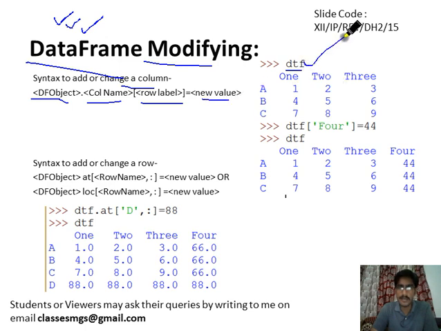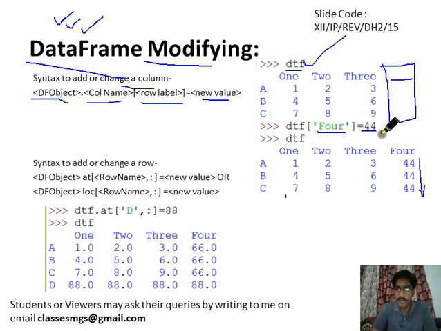This is the data frame, let's suppose, and if you want to add the fourth column here, the syntax is dtf, then brackets with the new column name, and then the value. This is like 44. If you pass only a single scalar value, it will be repeated for the 3 rows.